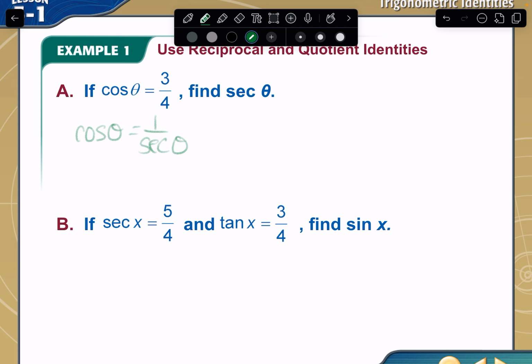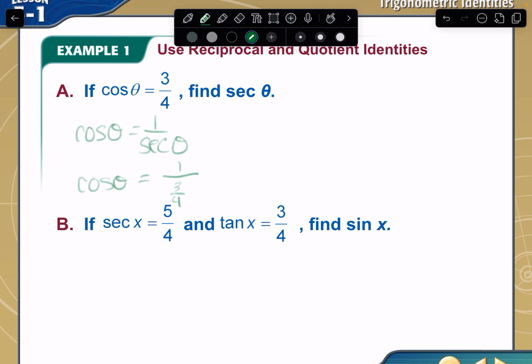So kind of using that identity, you would actually have 1 over secant. With reciprocals, we generally just flip things around, which is ultimately what we are going to do. But the process of getting there would look like, I know that it would be 1 over 3/4.